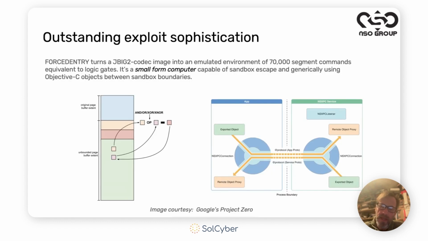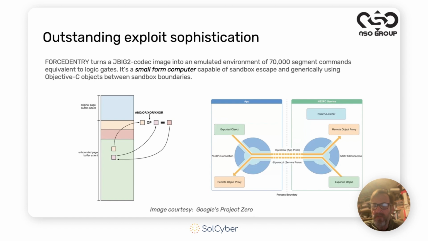Now, one of the really interesting things about Forced Entry was that this essentially was an attack against the JBIG2 codec. And it created an image which essentially emulated a complete computer in that image.